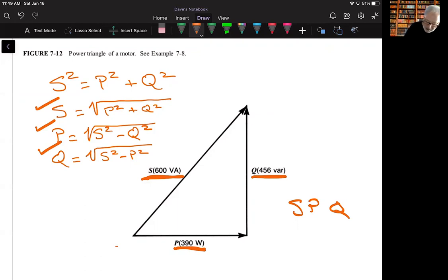The concept of the power triangle is useful when solving AC circuits that comprise several active and reactive power components. We'll go through some of these problems later and see how simple the power triangle can make some very complex problems to solve. Okay, that's it for 7.10.